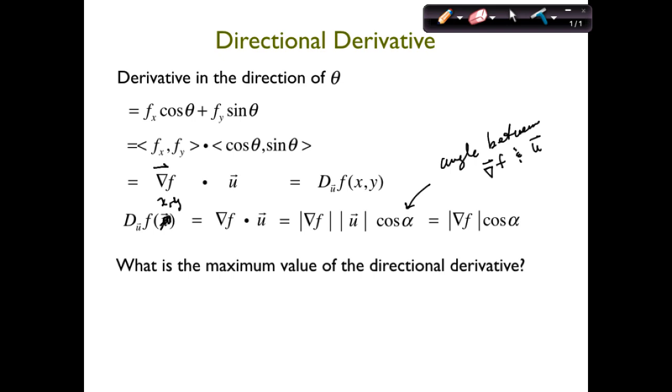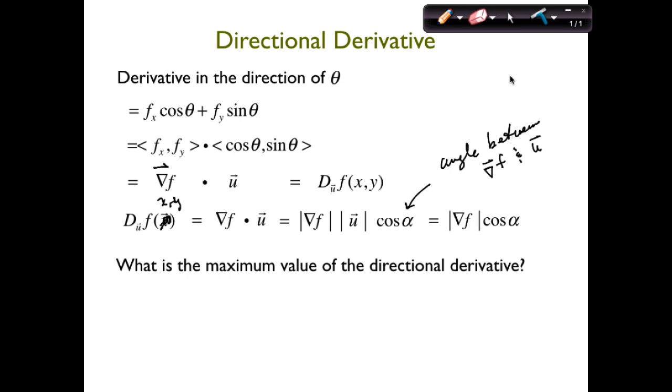So if we want to maximize this, what do we have control over here to maximize that quantity? I mean, we're choosing direction, right? And so the alpha has to do with direction. So how are we going to make this whole thing the biggest it can be? The biggest that cosine gets is 1.